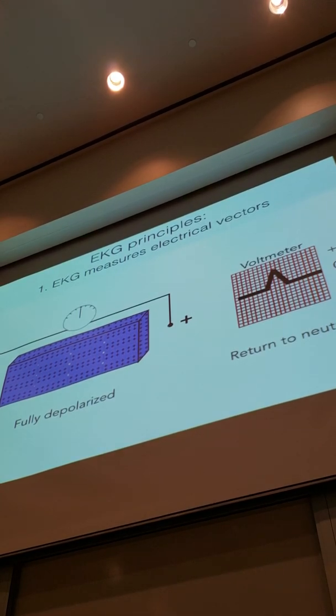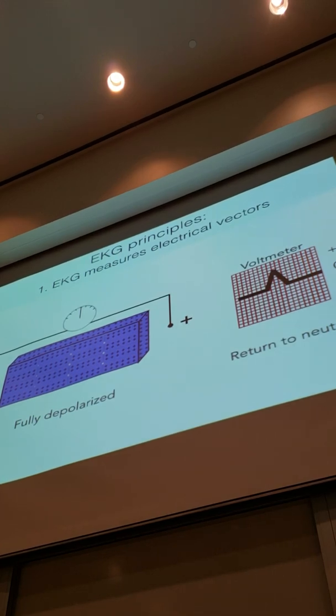So even though we're completely the opposite of where we were when everything was negative, both a fully positive or a fully negative membrane will read the same, right? Because we're not measuring membrane potentials here. What are we measuring? We're measuring the movement of voltage change, right?